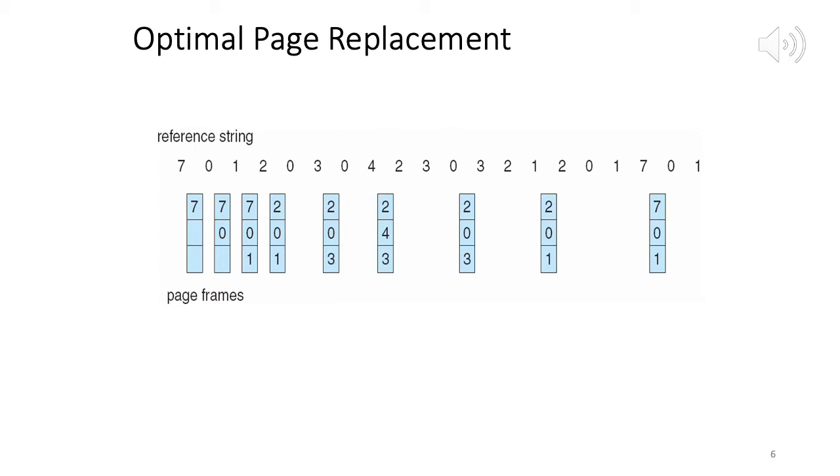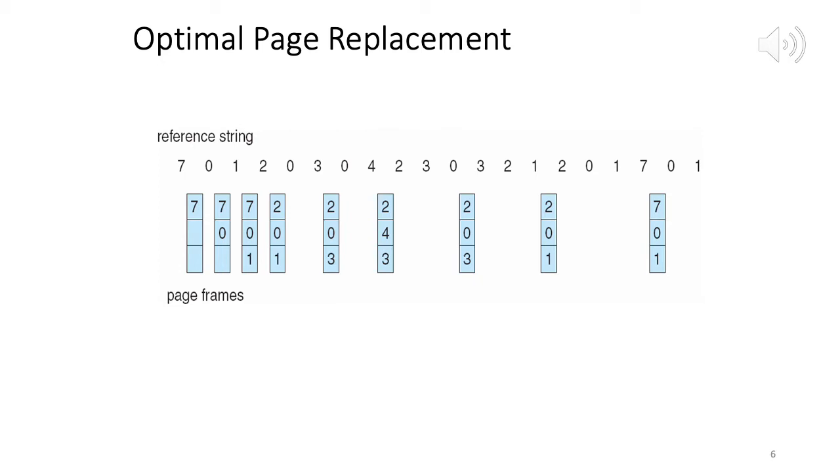So note that our first 3 accesses will lead to page faults, no matter which algorithm we have, because to begin with, when the system starts, there is no mapping between pages and frames. So the first 3 accesses for this particular string will definitely generate page faults, because they are for different pages.